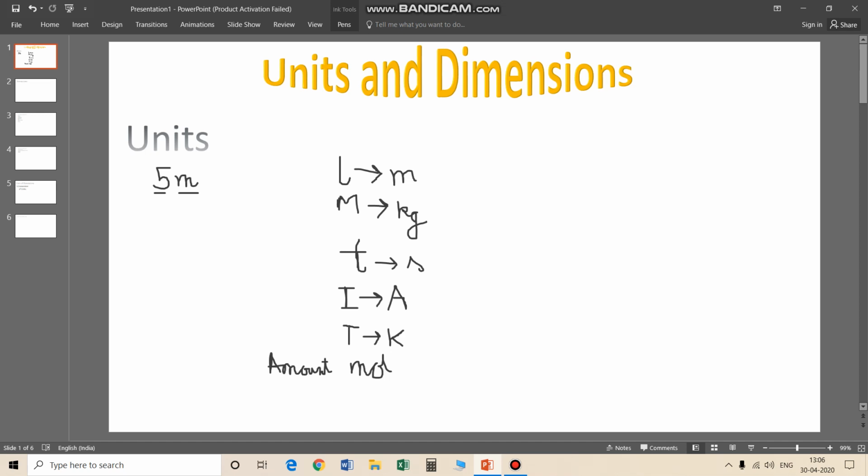We will study this more in chemistry. Luminous intensity, L, is candela, CD. You can know the definition if you want. It's present in Google easily. You can access it from there.